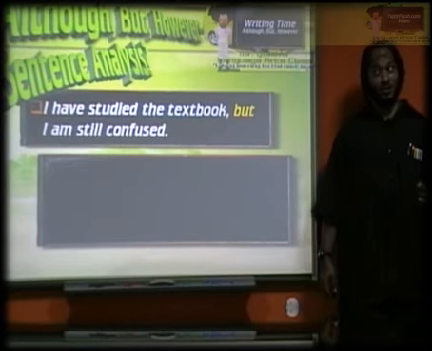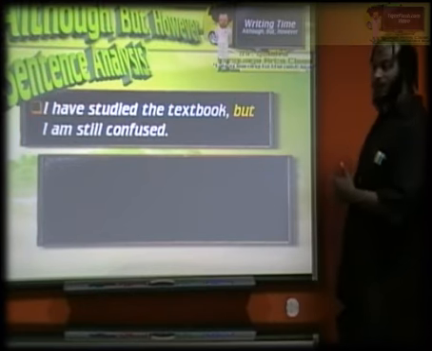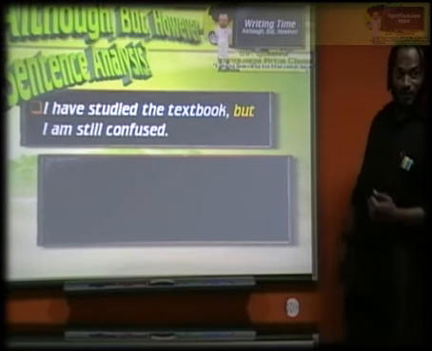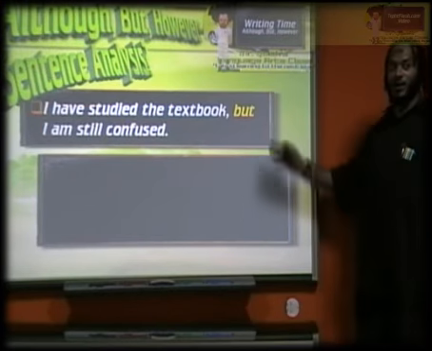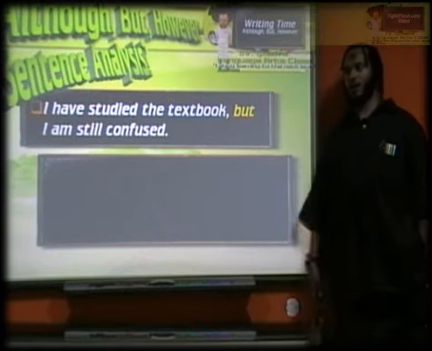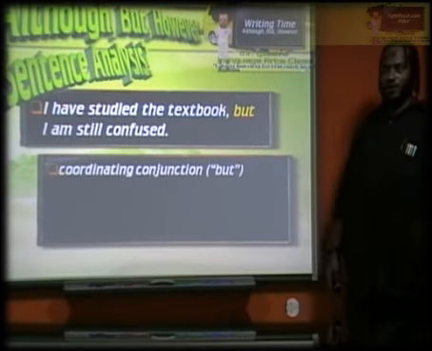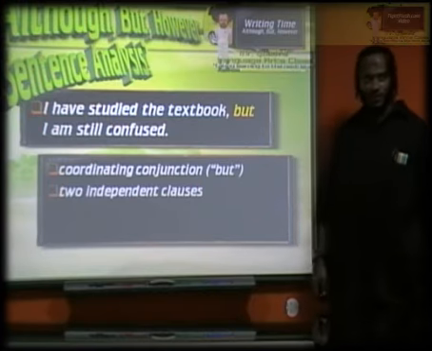Compound. So this is a compound sentence. Okay. And the "but" is a subordinating conjunction, right? Coordinating conjunction. Two independent clauses.